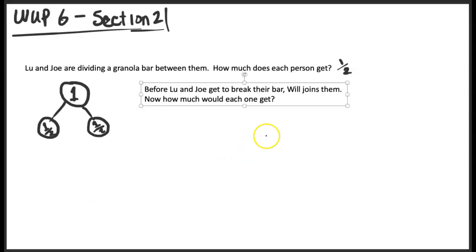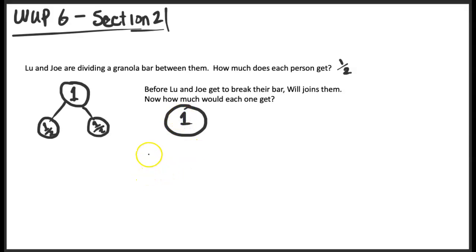But now Will shows up, and apparently, we're all friends with Will, and so, okay, Will can have some too. And so what's going to happen? How are we going to handle that one granola bar so that Lou, Joe, and Will can each have some of the granola bar?